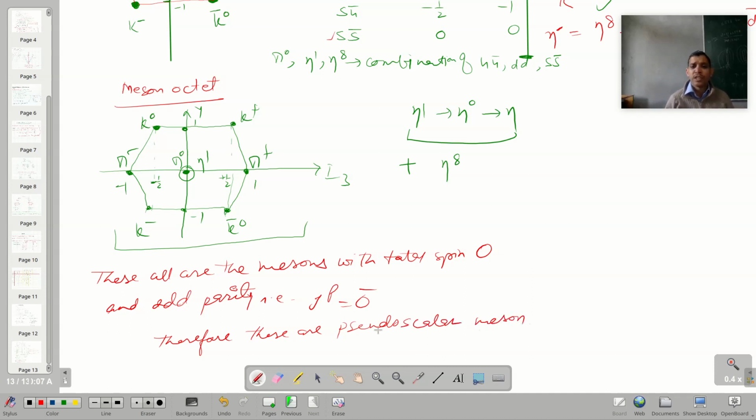For pseudoscalar particles, J^P is equal to 0 minus, that means total spin will be 0 and having odd parity, right? So thus I talked in this lecture about the meson octet, or pseudoscalar meson octet. So that's all for this lecture.